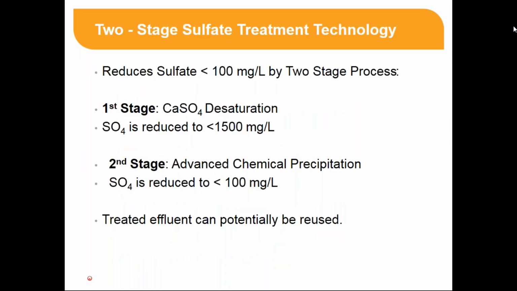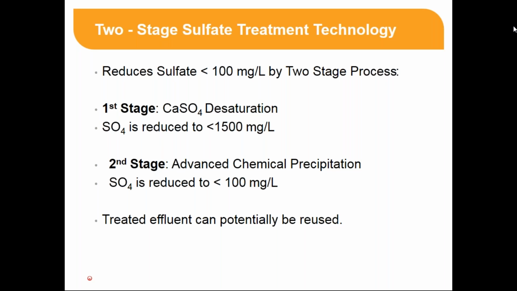Let's look at the two-stage sulfate treatment technology. The main advantage of this two-stage sulfate treatment technology is it reduces sulfates to less than 250 milligram per liter, all the way down to 100 milligram per liter. The first stage is the calcium sulfate precipitation process, or chemical precipitation process, or desaturation process, where you reduce sulfates down to 1500 to 2000 milligram per liter, which is the theoretical solubility limit of calcium sulfate.